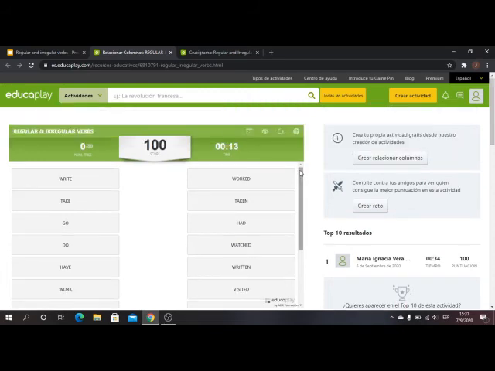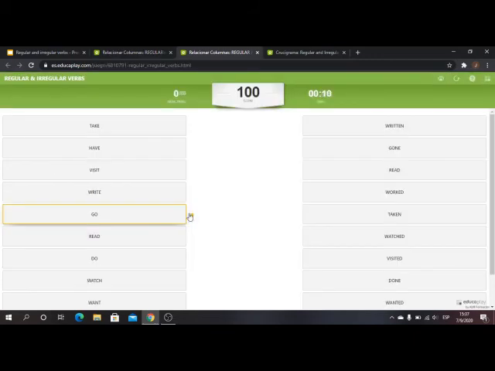I am going to read the verb in present and you can read the verb in past participle, okay? Please. Now, let's start. For example, you have in this part, okay, choose one. For example, go. What is the past participle of go? Gone. Excellent.